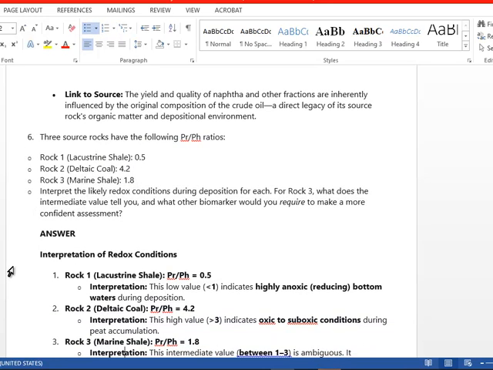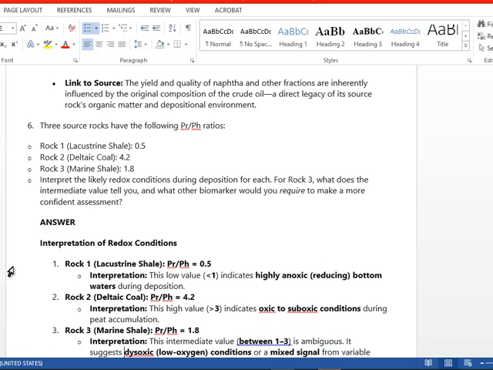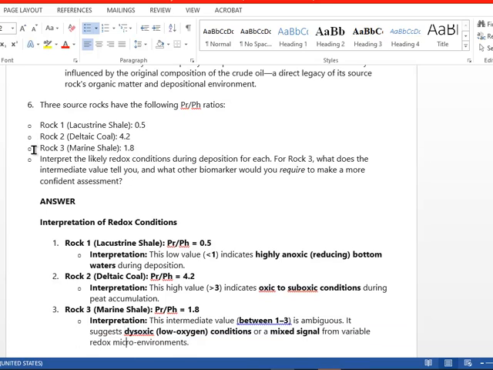We know that when Pr/Ph is less than 1, the condition is anoxic, that is, little oxygen. So it is a reducing situation, an anoxic environment. That is for rock 1 because the Pr/Ph ratio is less than 1.